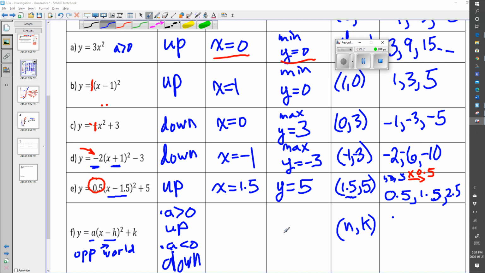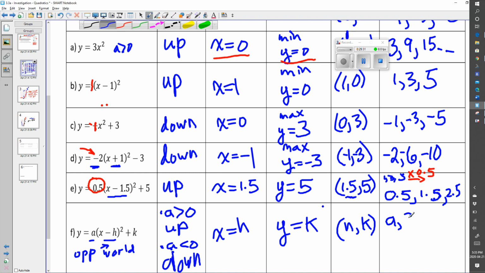So for this one, you would say y is equal to k because it's our max. Our maximum or minimum is y equals k. And our x value is, because it's negative h inside this bracket, we just say it's h. And we're done.